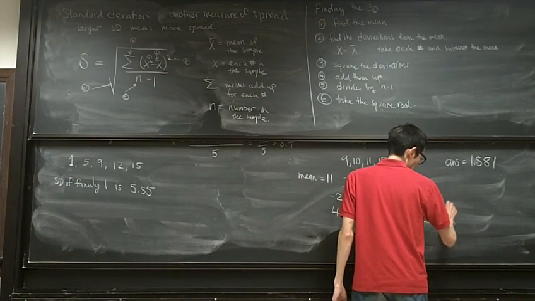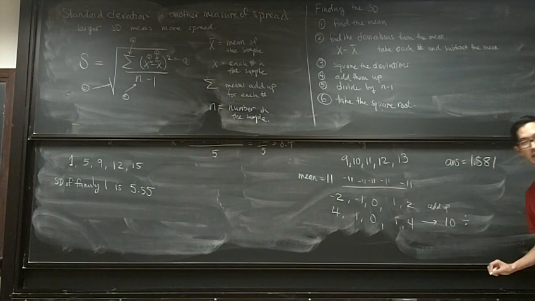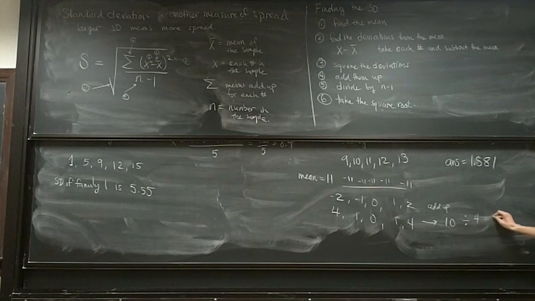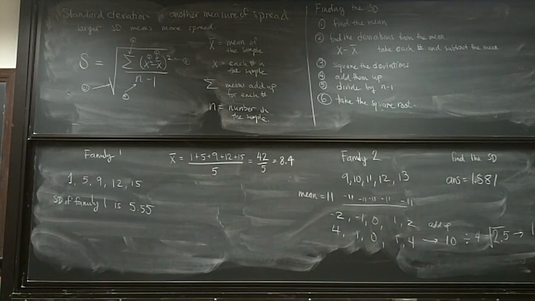Okay? And then I divide by n minus 1. Just 4. So n minus 1 is 4. And I get 2.5. And then I take the square root. So the square root of 2.5 gives me 1.581. And that is my standard deviation. Okay?